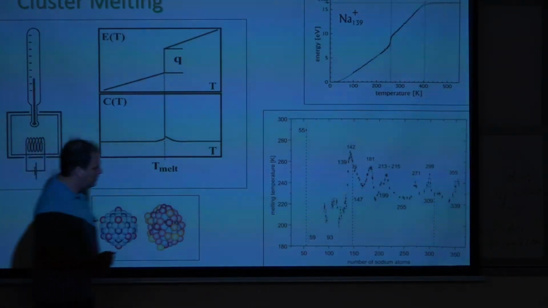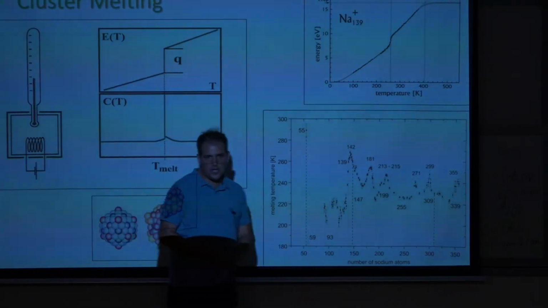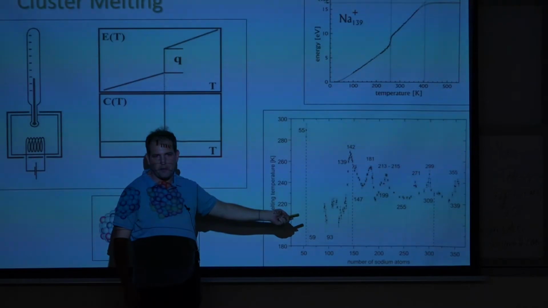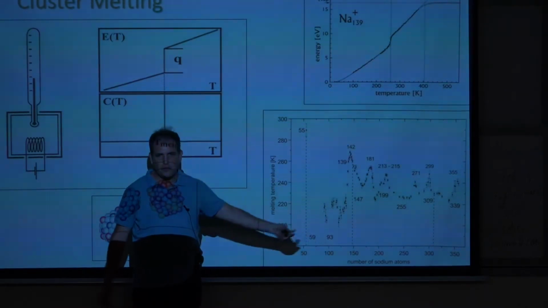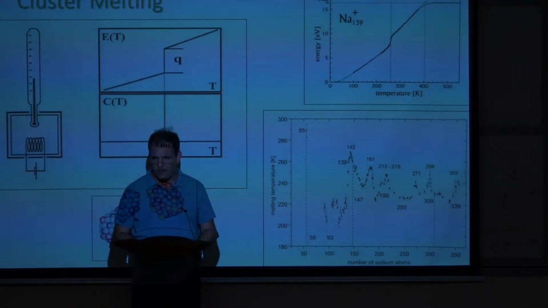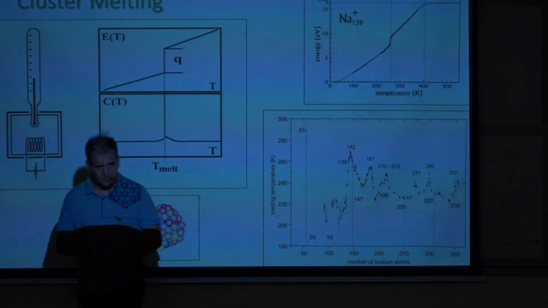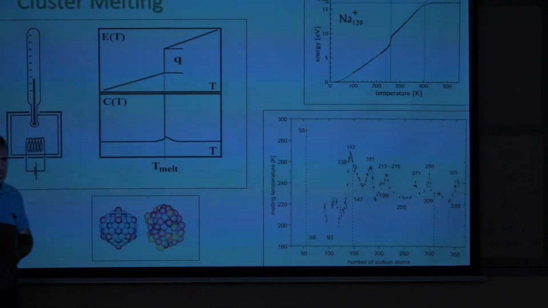Okay, so they tried to see if the magic numbers you see correspond to what you see from melting, and they found no connection whatsoever. Can anybody guess why there's no connection? I mean, if something is very stable, shouldn't it melt at a higher temperature?